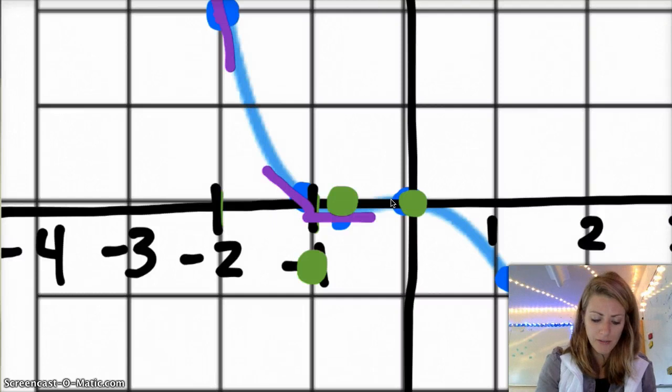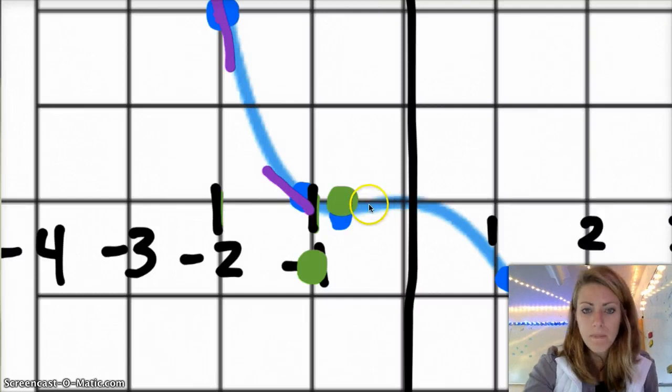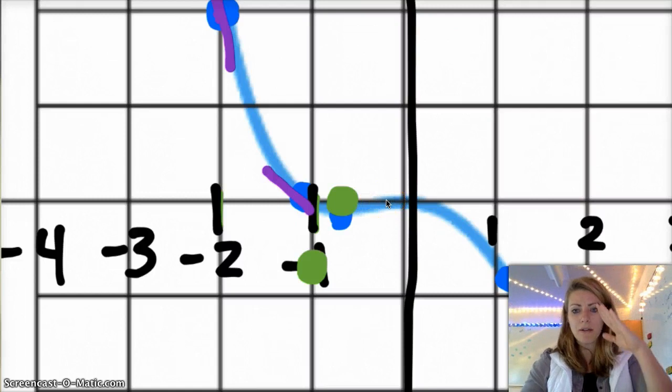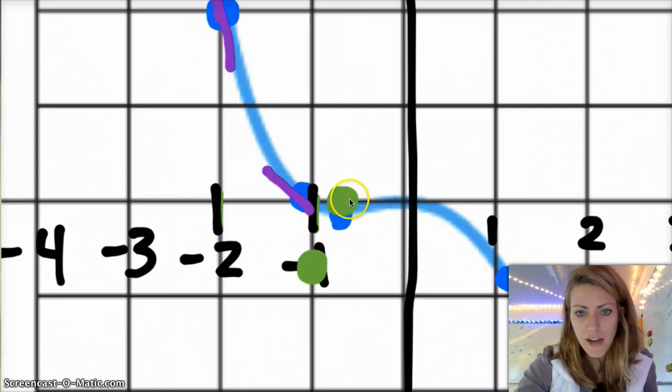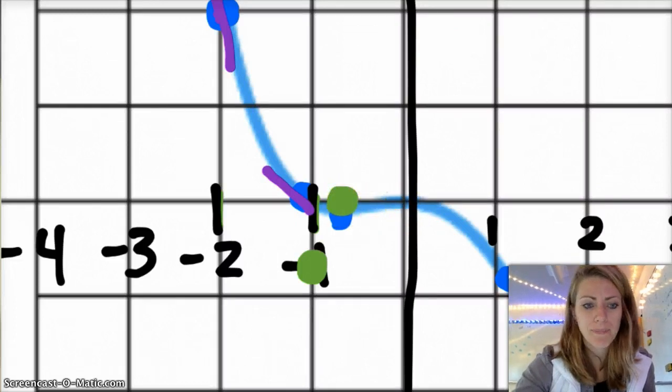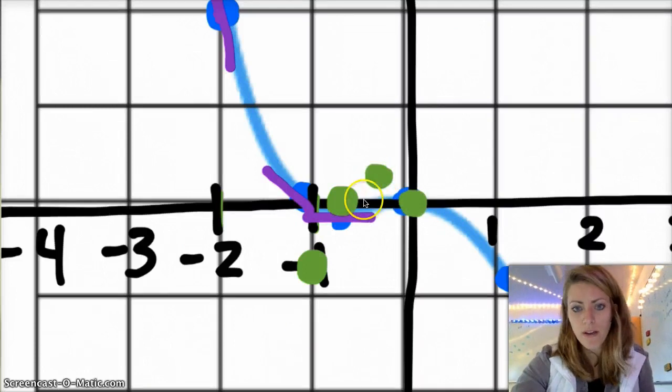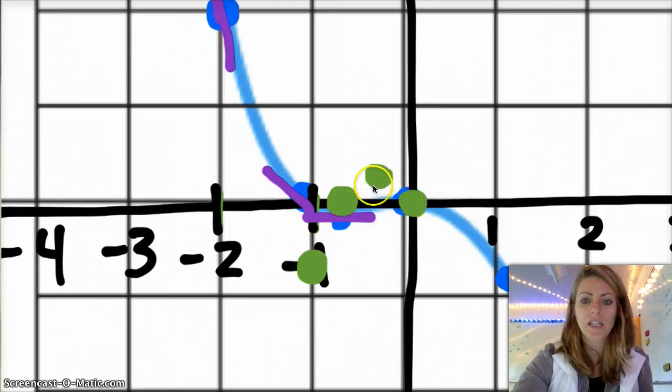So I'm going to erase my axes for a second. Notice that the graph starts to slope up a little bit. So I should actually have a very small positive slope in between this 0 slope and this 0 slope. So I'm going to put a positive dot there because my slope in between here and here is positive. Okay, it's increasing.